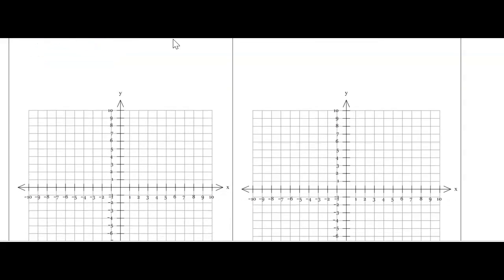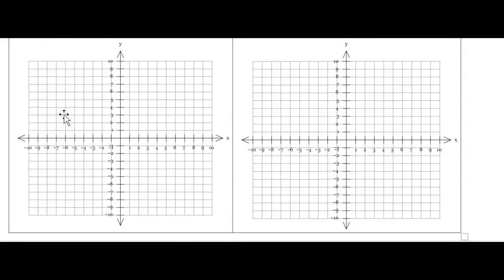Let's draw our asymptotes. You can always check, because remember that the denominator cannot equal 0. So that means x cannot equal -2. Our horizontal asymptote is at y equals 0, and our vertical is at x equals -2.